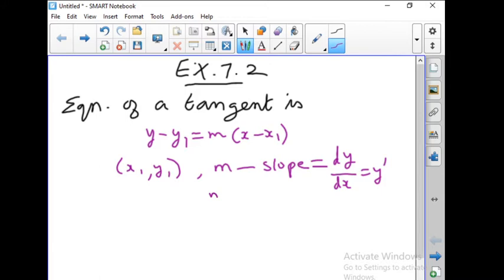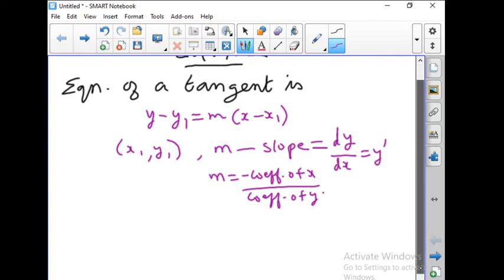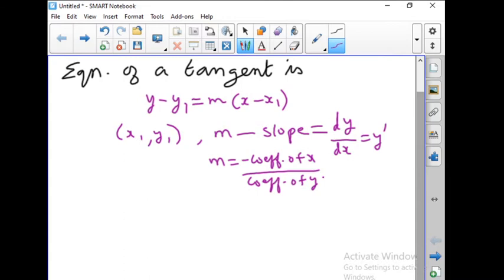how will you find the slope? Slope is equal to minus coefficient of x by coefficient of y. Okay, so all this you should remember. So what about the equation of a normal?